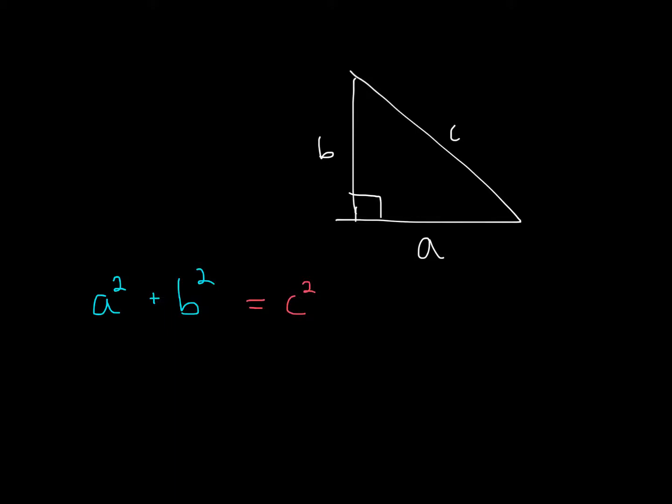Nothing too crazy, and the reverse is true: if you find that a squared plus b squared equals c squared, then you know you're dealing with a right triangle.